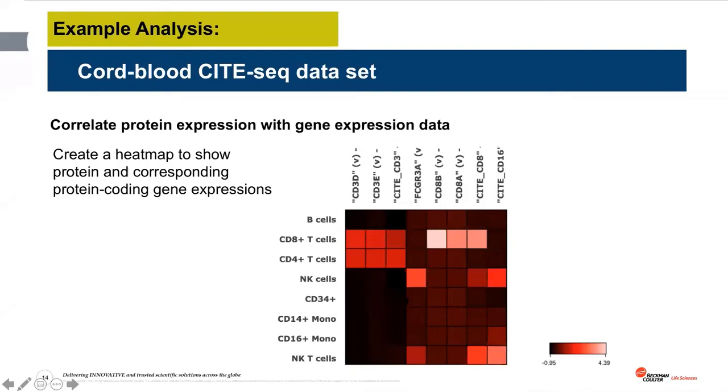And if you look at the heat map, you will see they have exactly the same expression patterns. So you know that for this particular CITE-seq data, the protein expression is well correlated with the gene expression.